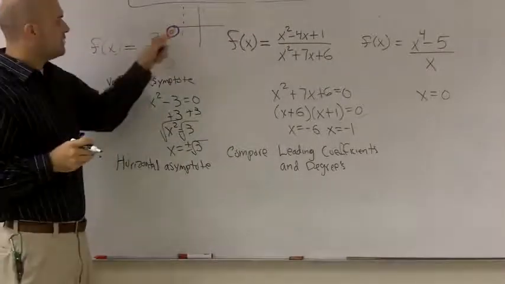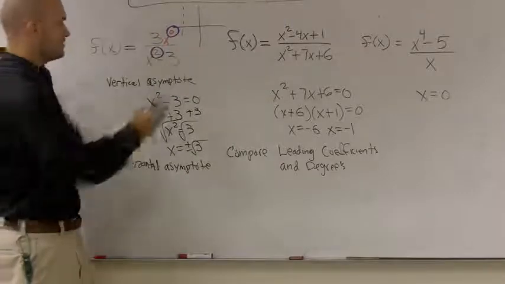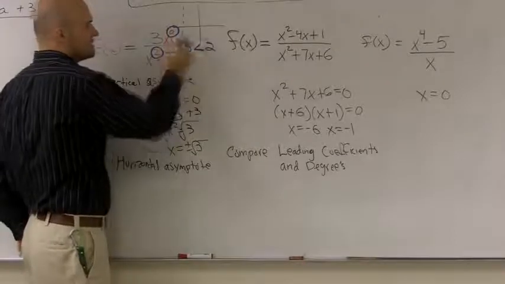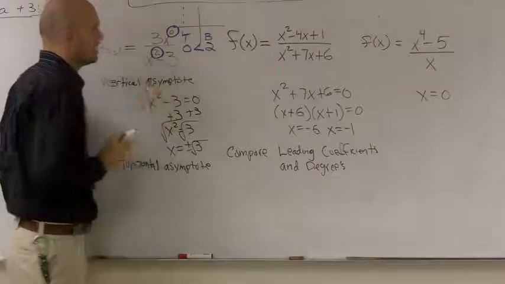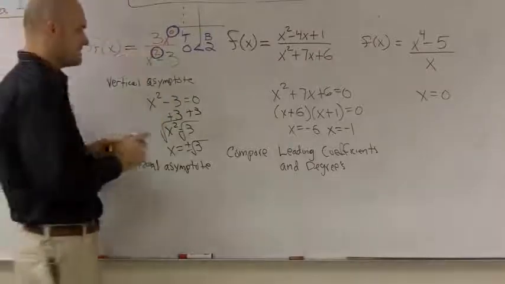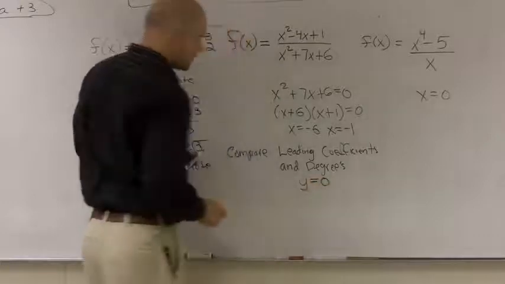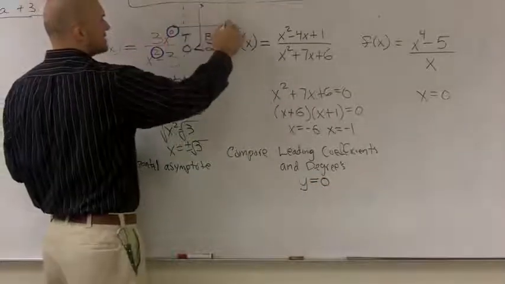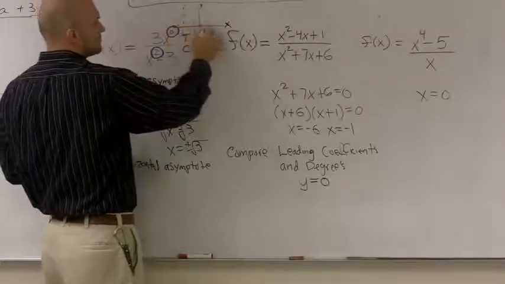When my degree up top is less than the bottom, so when 0 is less than 2, my horizontal asymptote is going to be y equals 0. I'm saying y because that's your y-axis and that's your x-axis. So my y value is going to equal 0.